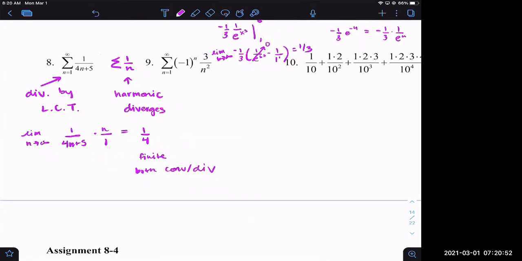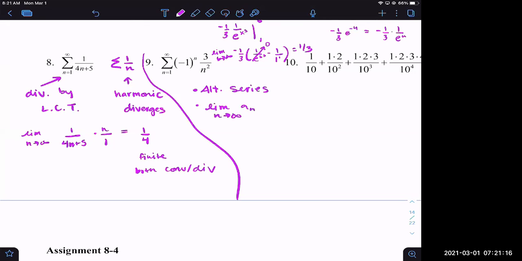What's the first thing you notice about number 9? Alternating. If I see an alternating series, I would try the alternating series test before anything else. So on 9, the series alternates. What else? Good. And in your notation, you have to say the limit as n goes to infinity of a sub n.